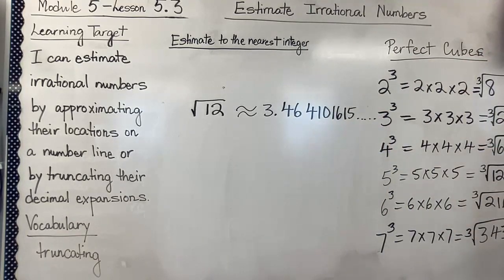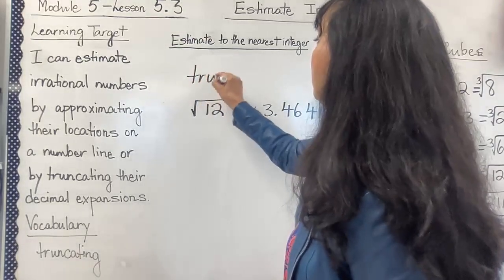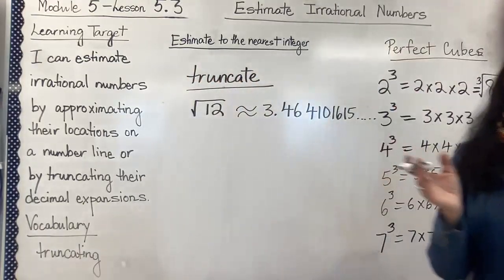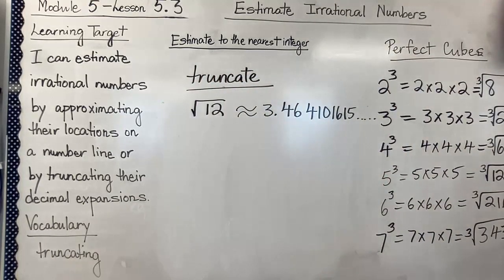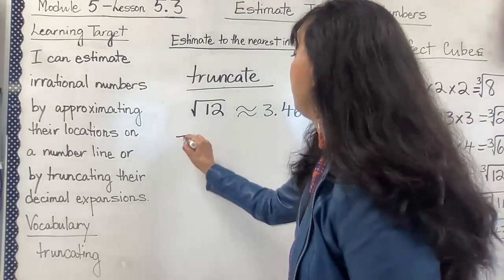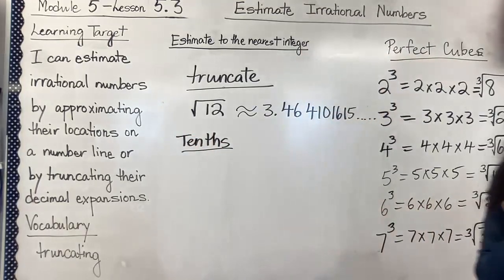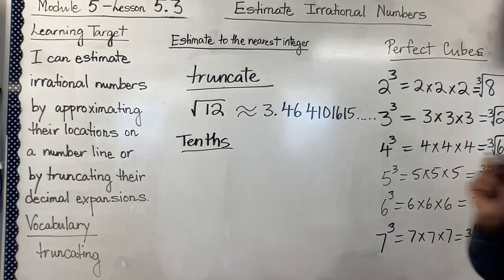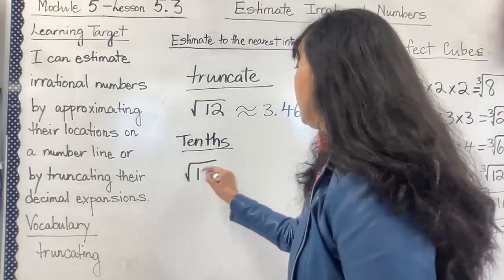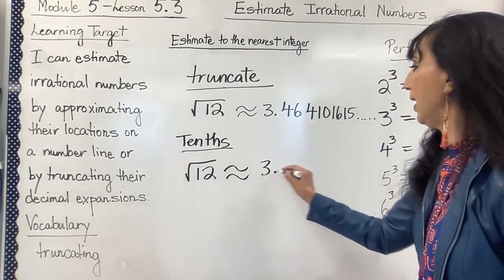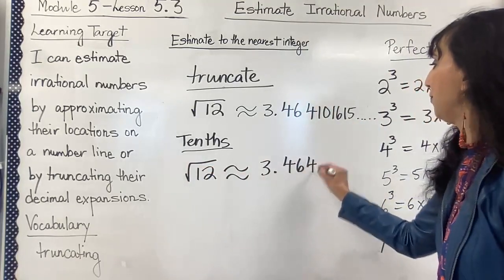So if you're going to truncate this, let's talk about what place values. If I am truncating this to the tenth place value, what I'm going to do is, with the calculator, this is what I was getting.